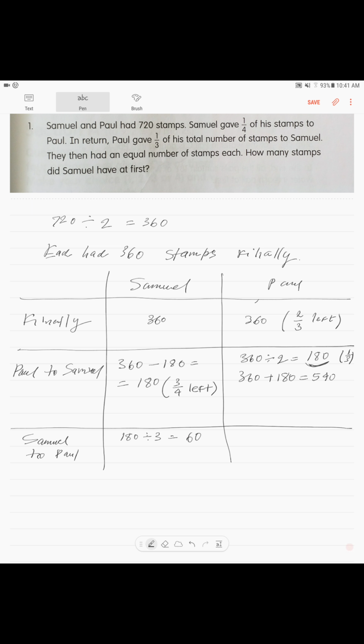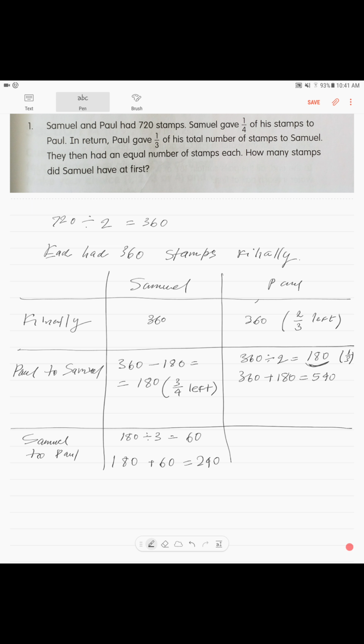This is our 1 over 4. So 4 over 4 is 180, which is 3 over 4, plus 60, which is 1 over 4, and it is 240.